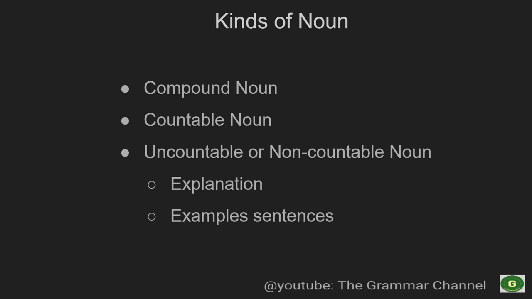Now we move on to uncountable or non-countable nouns. Nouns that cannot be counted are called uncountable nouns, meaning you cannot count them, but you can measure them. I cannot count milk, can I? No. So I can only measure. I want a cup of milk.